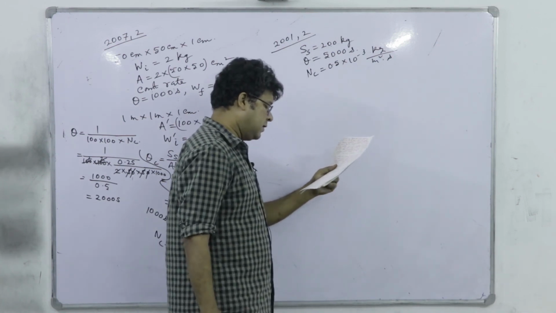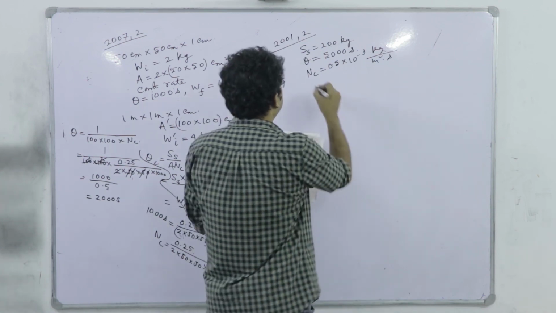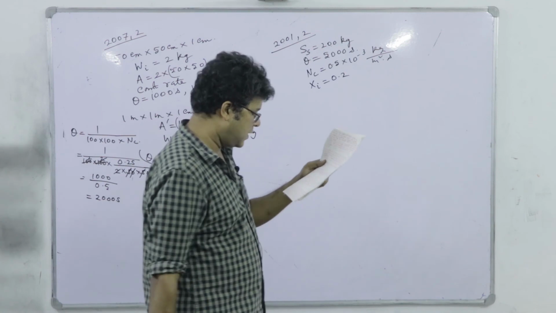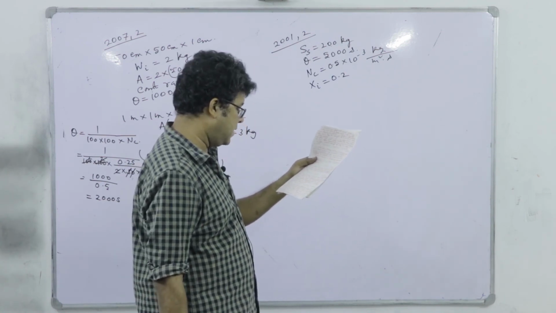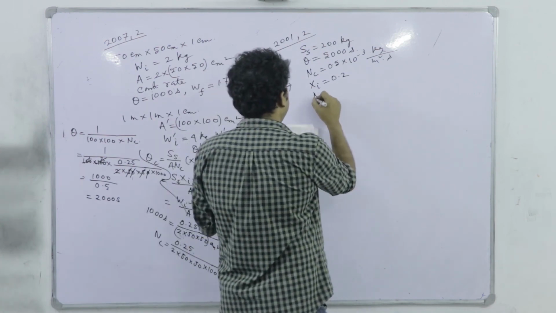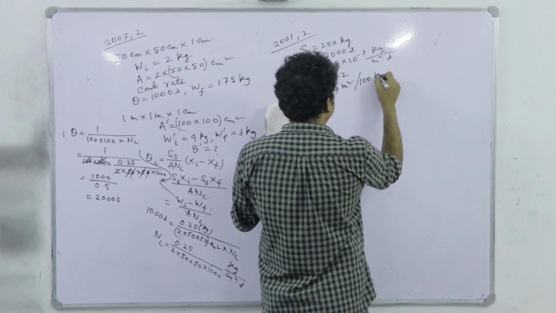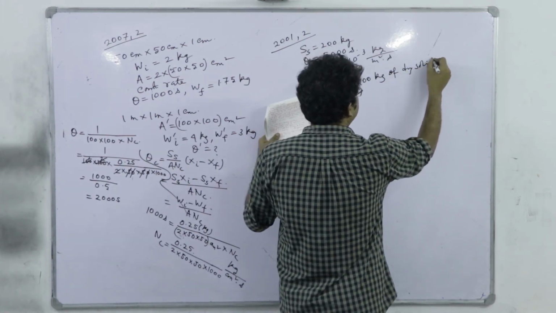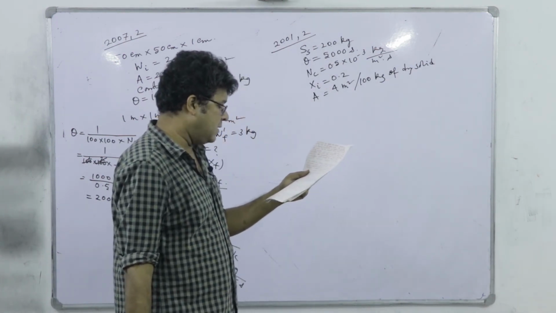Right. The initial moisture content of the solid is 0.2 kg of moisture. So initial moisture content Xi is 0.2 kg per kg of dry solid. The available interfacial area A is 4 meter square per 100 kg of dry solid. Right, the moisture content at the end of drying.